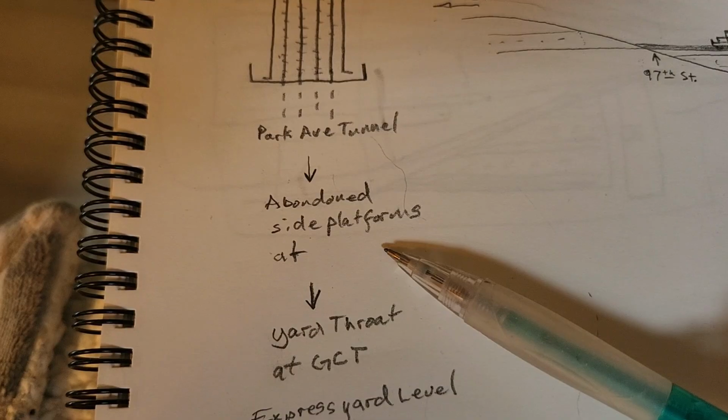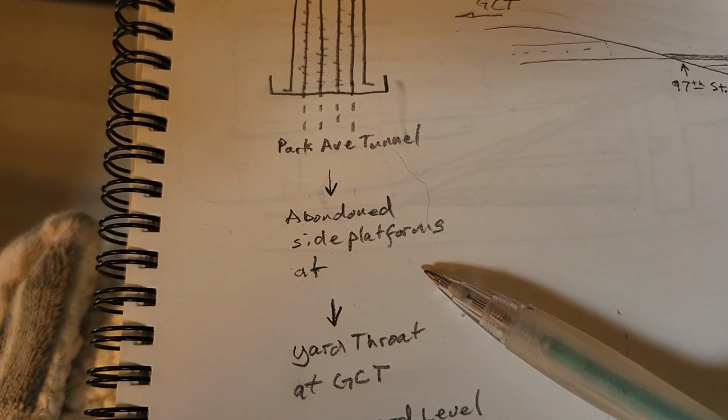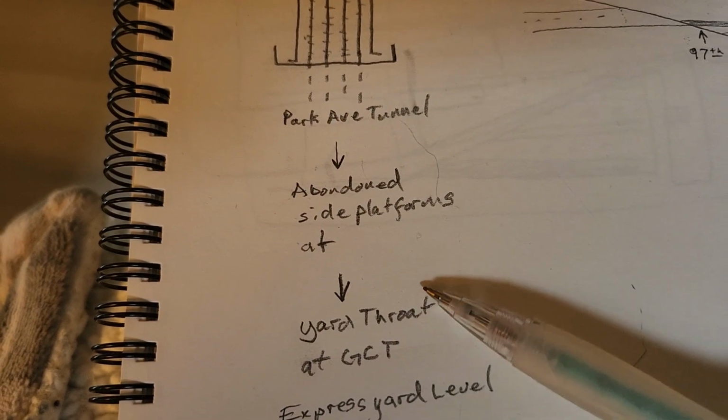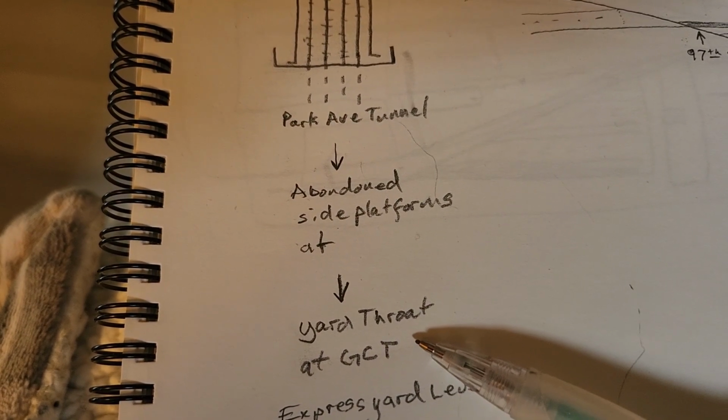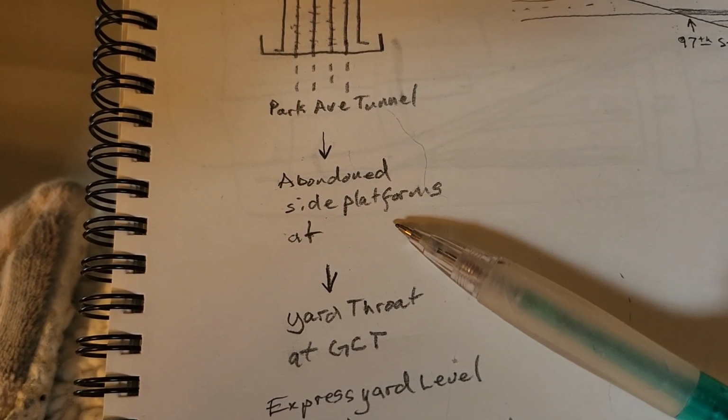There was a very, very small station inside the Park Avenue Tunnel that was abandoned. It was deemed to be too close to the yard throat at Grand Central Terminal. So that was abandoned very early on.